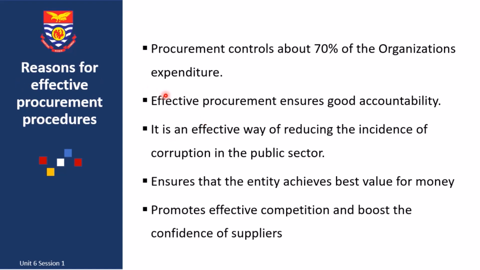So procurement procedures should be effective in every organization to achieve value for money and reduce the risk of corruption and favoritism. This is because procurement controls about 70% of the organization's expenditure, in the sense that every acquisition of the organization is done on behalf of the procurement function.